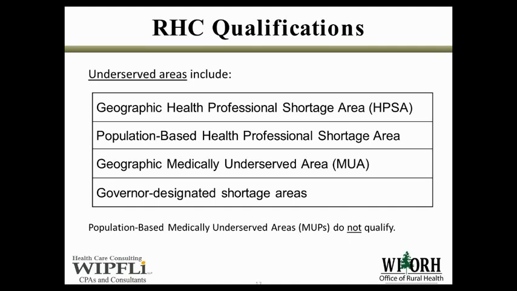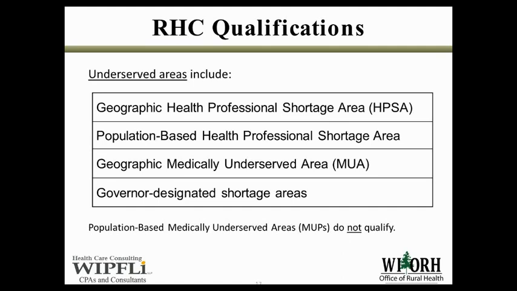The population-based health professional shortage area is similar to the geographic HPSA. However, it is based on a determination that a certain segment of the population in that area is not adequately served by the given health professionals. In Wisconsin, we often see a population-based HPSA designated for the low-income population, or for certain ethnic groups. We see it for the Amish population, for example.